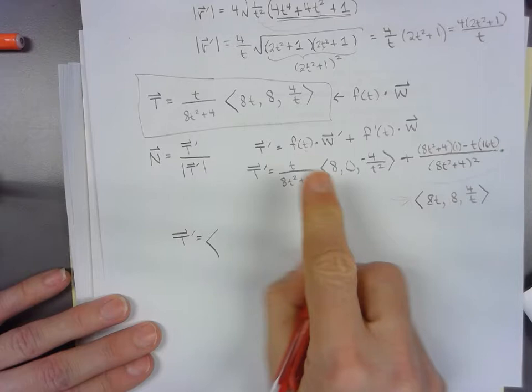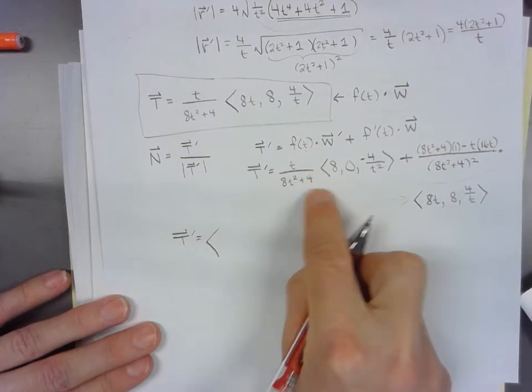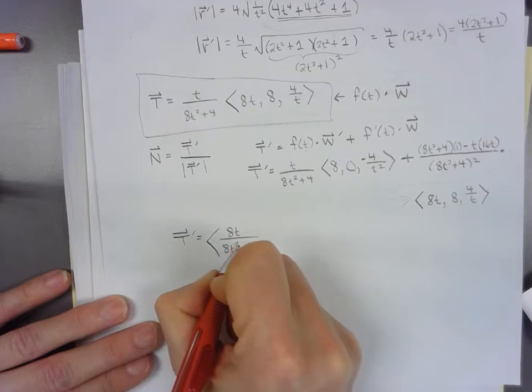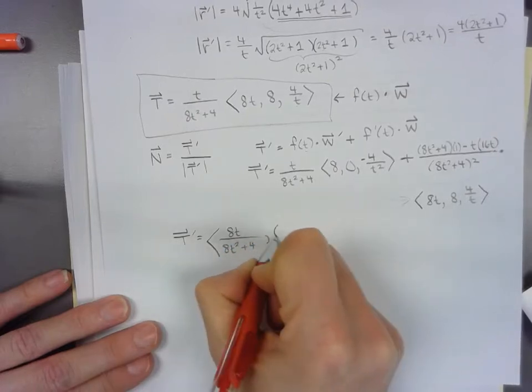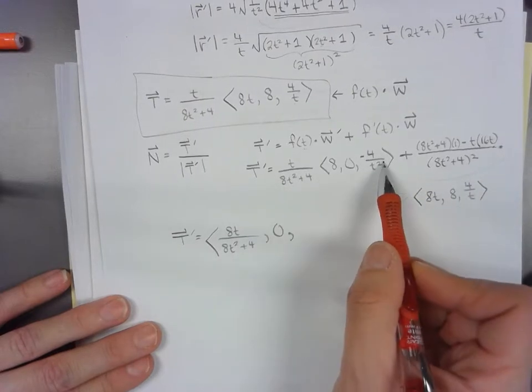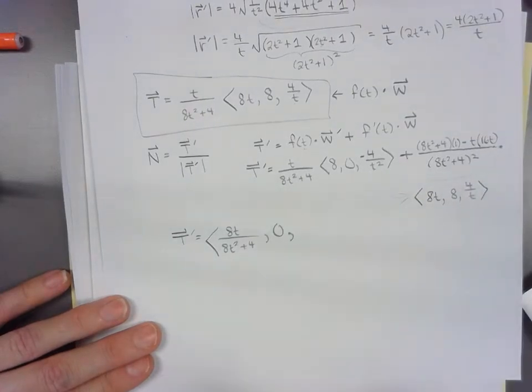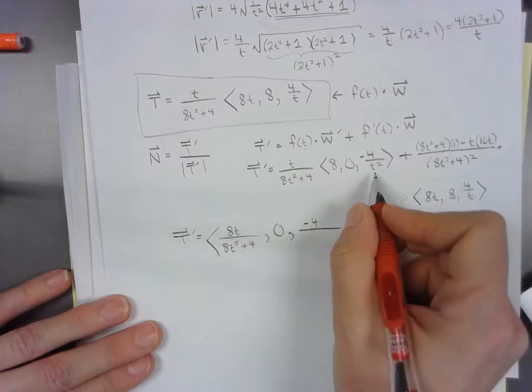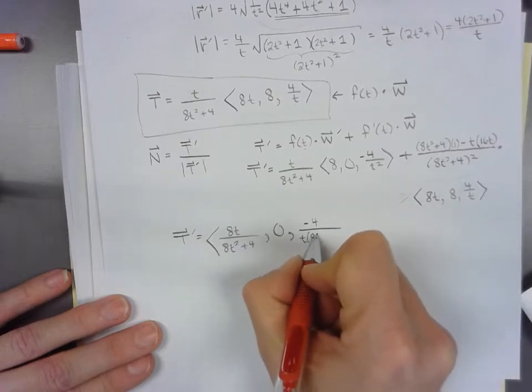Okay, so this one, if I distribute through, I get 8t over 8t squared plus 4, 0. And then this t would cancel one of those t's. So I'd have negative 4 over 1t left in the bottom, 8t squared plus 4.